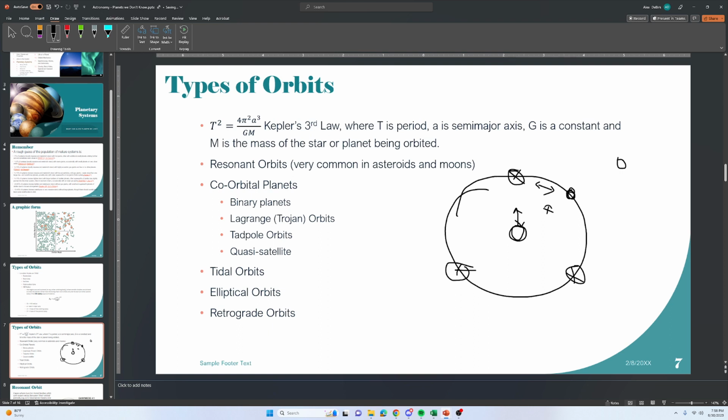What happens here and here is that the gravity pull from both objects is such that it will have the same speed radially. As if the time for this to go around is the same as the time for this to go around.